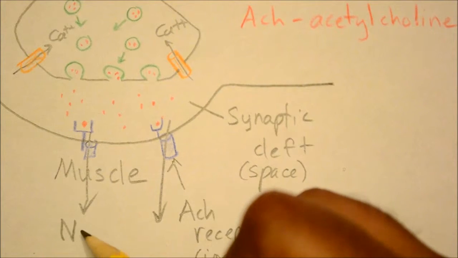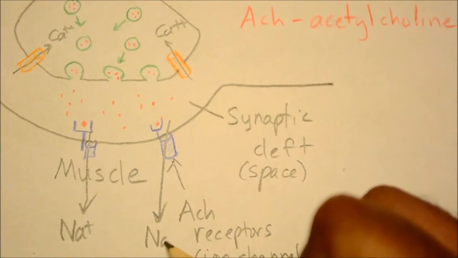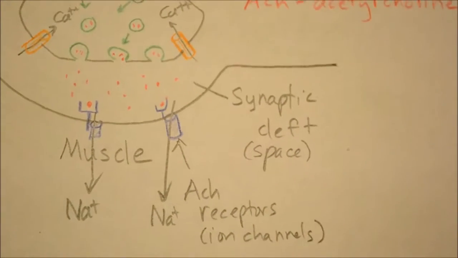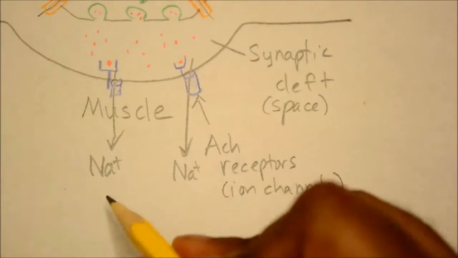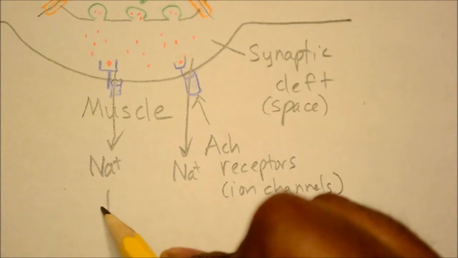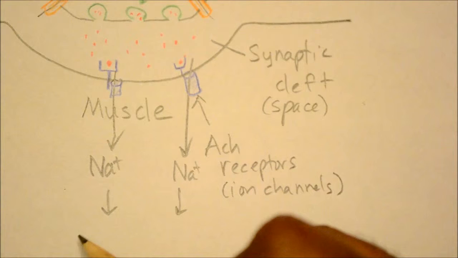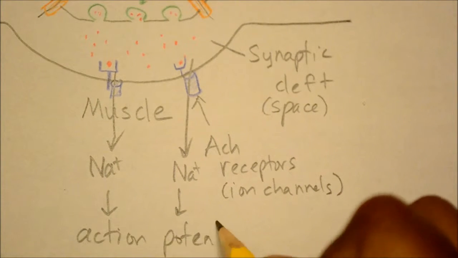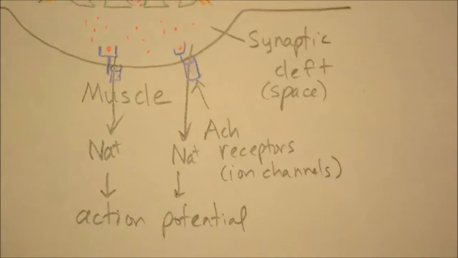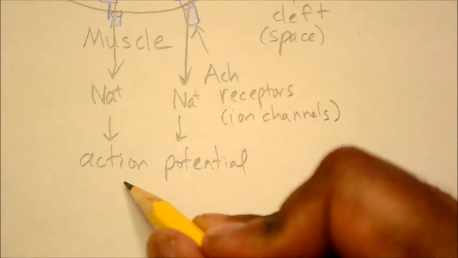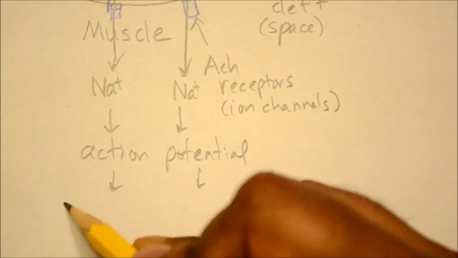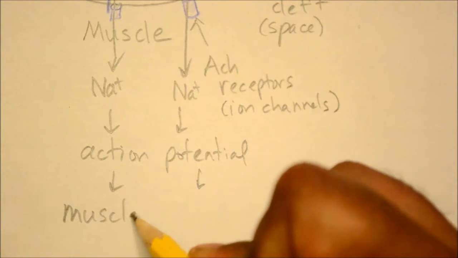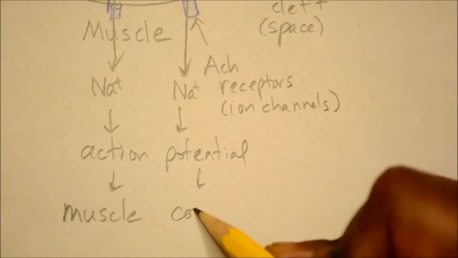And once the acetylcholine fits into that lock, it opens up, and through the channel, sodium enters into the muscle. This sodium creates another action potential, another electrical current inside the muscle. And that action potential continues to build up until muscle contraction occurs in the muscle.